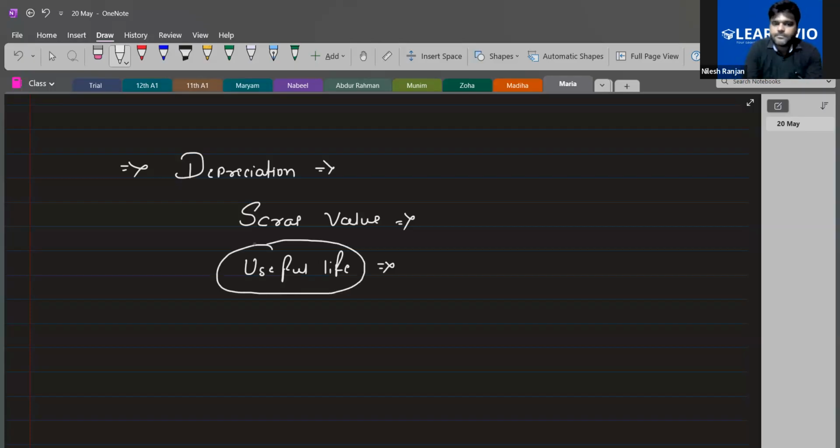Now, useful life. Useful life is how much more the asset can be used, for how many years. Yes, very good. So, useful life means for how many years assets can be used. Now, can you tell me, is it sure that we can use any asset for that long time?